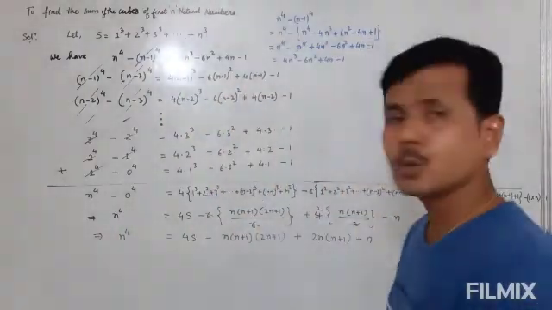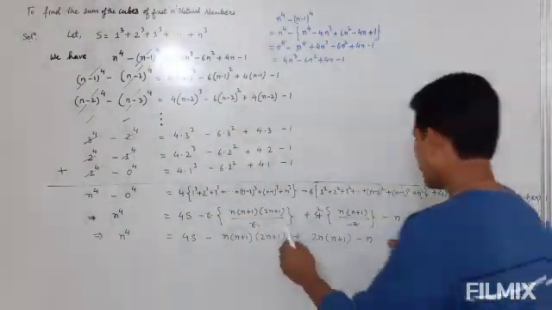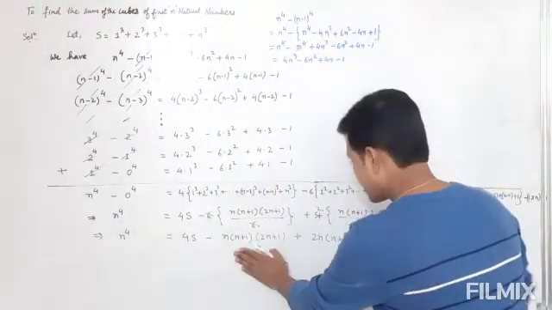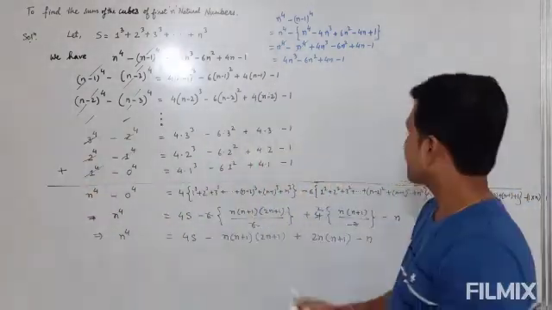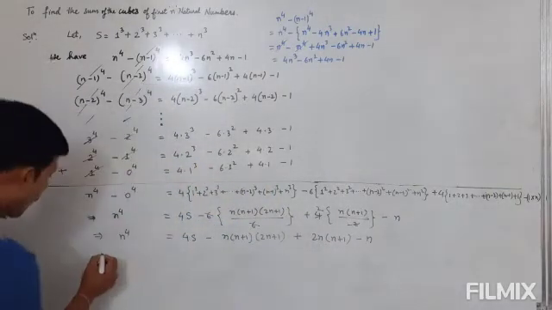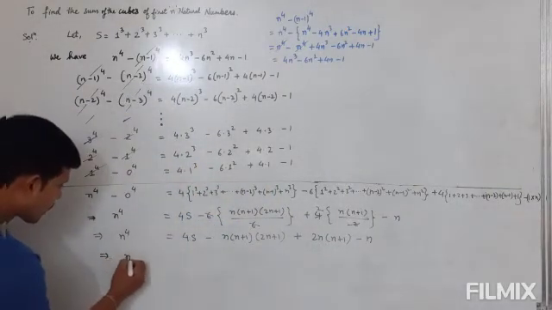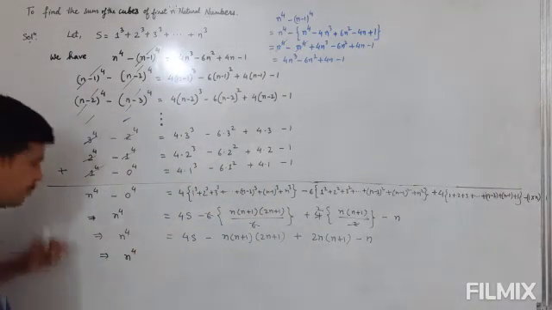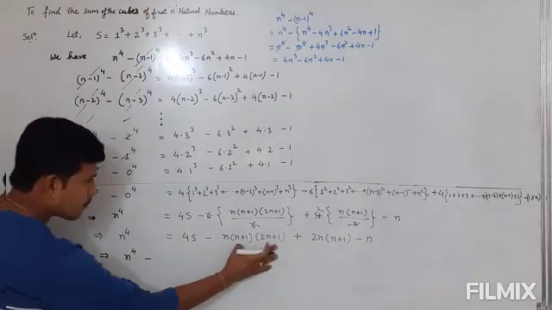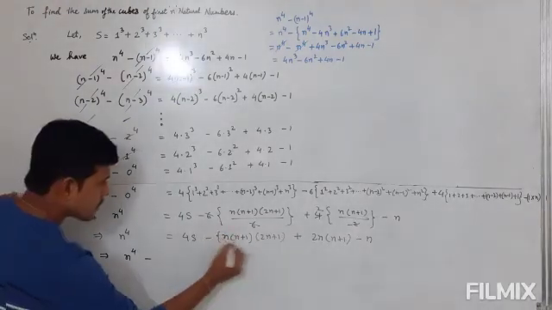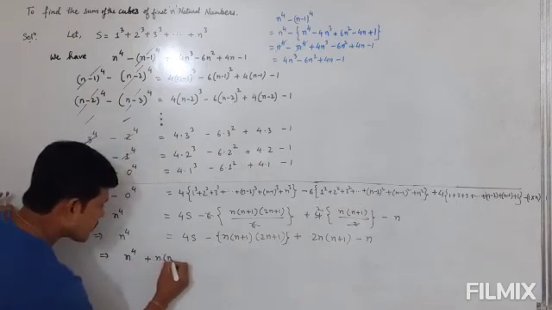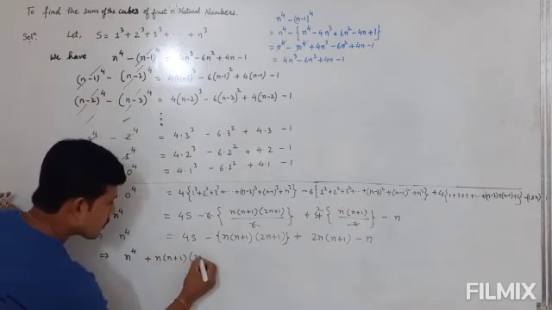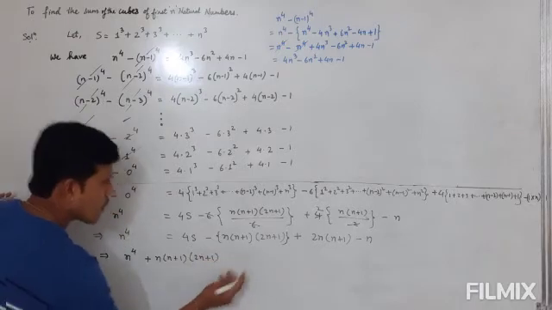Now what I'm going to do is carry this term and this term to the left hand side. What I'm going to get, just see, you have n to the power 4, plus n times n plus 1 into 2n plus 1.